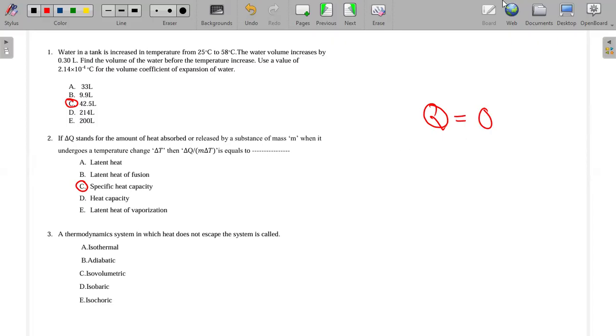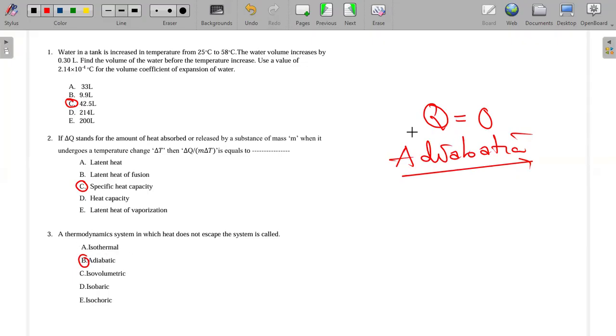Therefore, if our Q is equal to 0, this process is going to be an adiabatic process, because an adiabatic process is a process where you have no heat escaping the system and no heat entering the system. So the correct option is option B. Isothermal just basically means the process is taking place at a constant temperature.